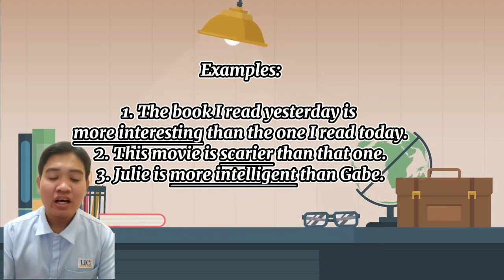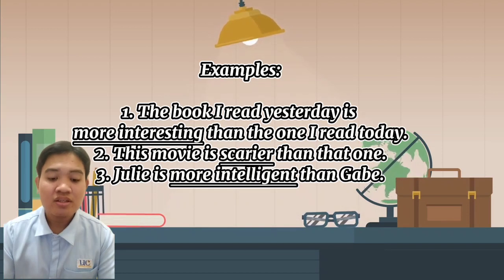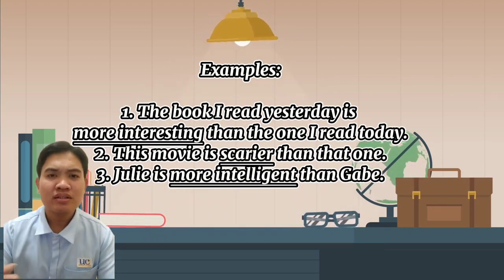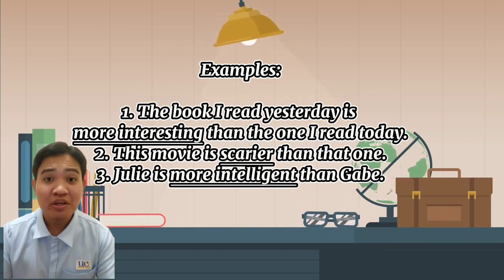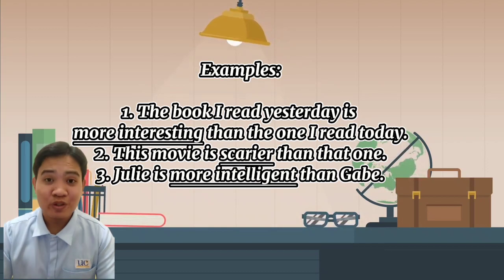So here, as you have observed, more interesting, scarier, and more intelligent are not the same. Why can't we say more scary? Why can't we say intelligenter? Because it is inappropriate.